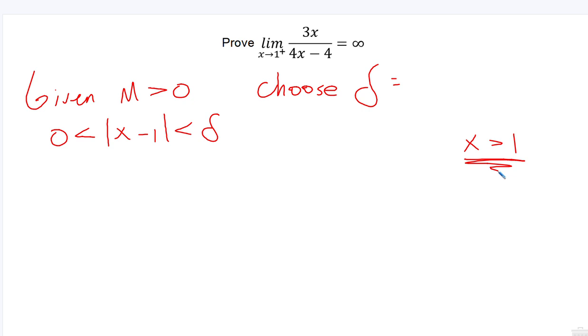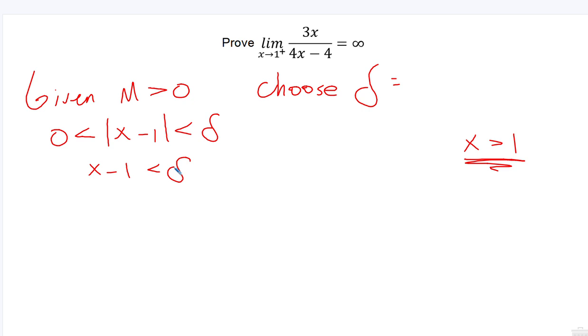But if the x values are greater than 1, that means that what's inside of here is greater than 1. And if what's inside of an absolute value is greater than 1, well, then we can just eliminate the absolute value. And so I can say just from one little piece of this that I know that x minus 1 is less than delta. Right?